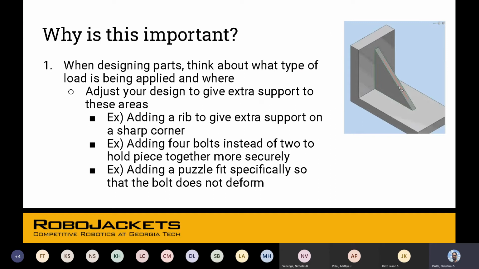So when designing parts, think about where the forces are being applied and how much force is being applied. If you have a right angle part here, and you're going to apply forces from this direction, in order to support this part, you could add an additional brace here, an additional rib here.